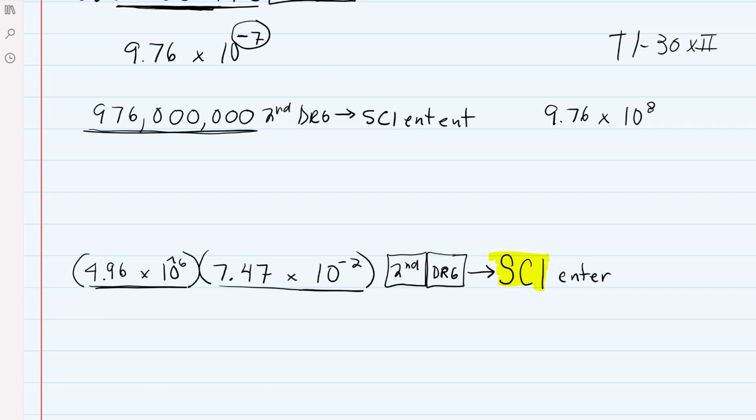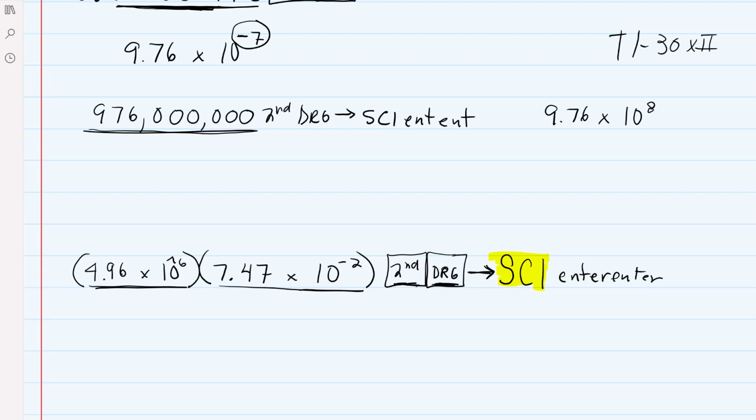Close the parentheses, open another parentheses, 7.47 times 10, the caret button, -2. Close that parentheses. Now hit second, DRG, arrow over till it says scientific notation, enter, enter.